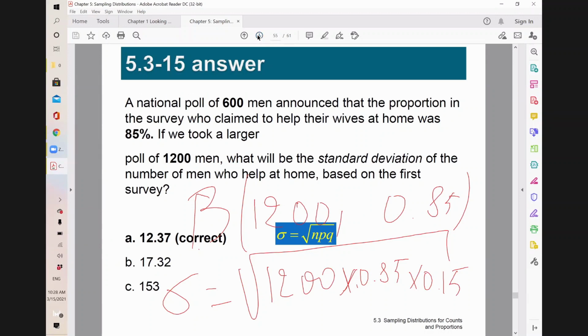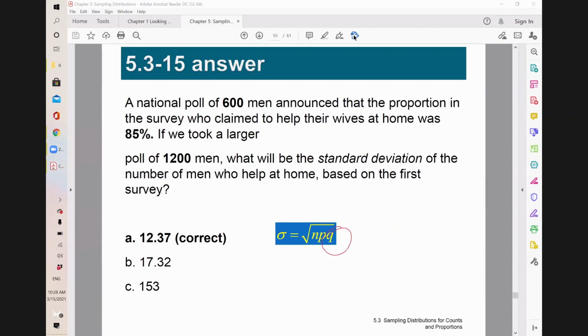Of course, sometimes they write Q instead of 1 minus P. Some people or some books use this notation where Q is equal to 1 minus P. By the way, that means we have to evaluate Q. In this case P is equal to 0.85 as I said, and Q is equal to 1 minus 0.85, so Q is equal to 0.15.